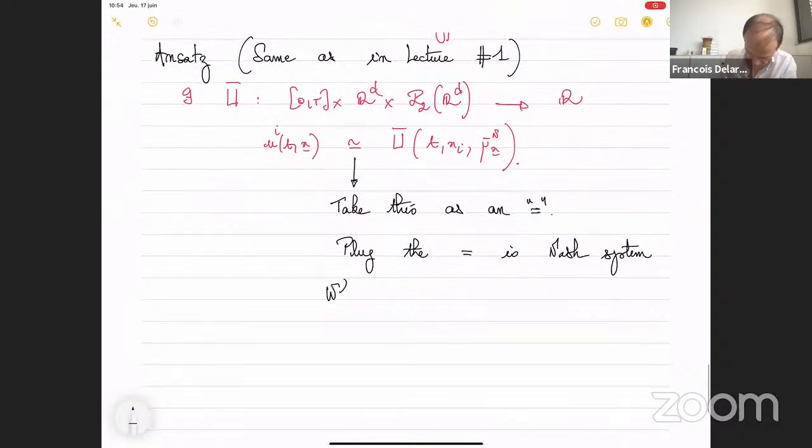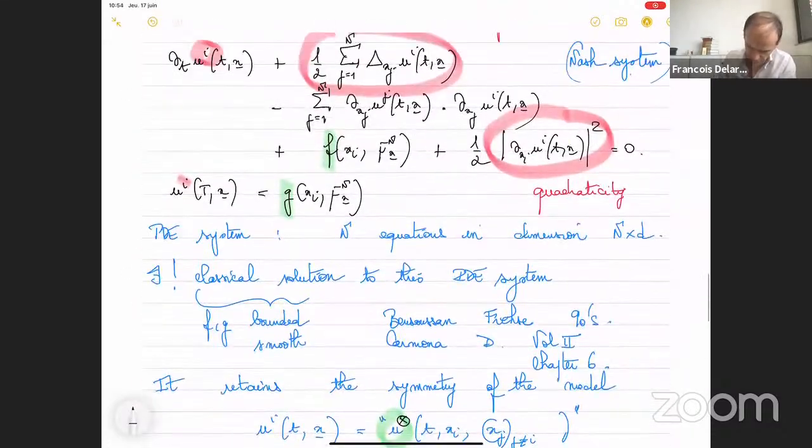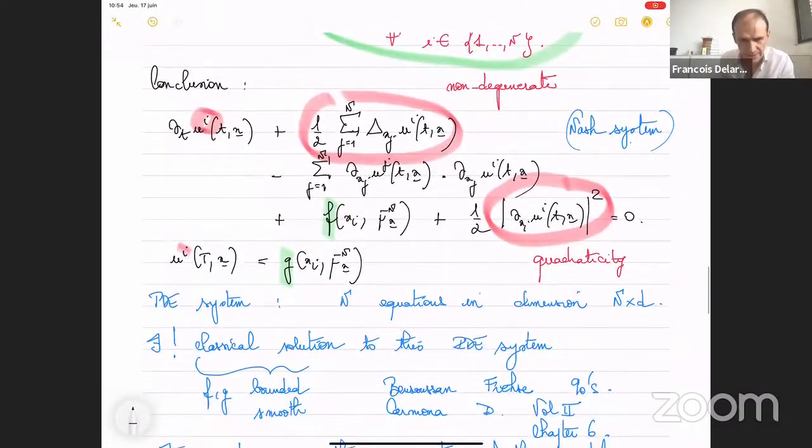So what does it say for U bar? This is my equation. Let me take the terms in this equation and explain what I obtain at the end of the day when I replace formally U^i(t, x underline) by this U bar on the space of measures.